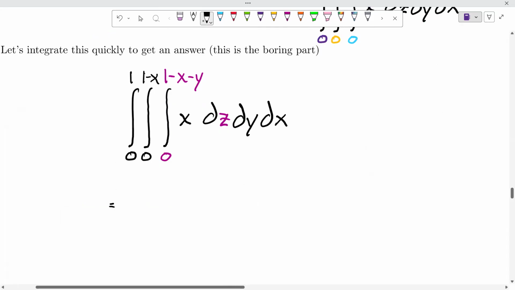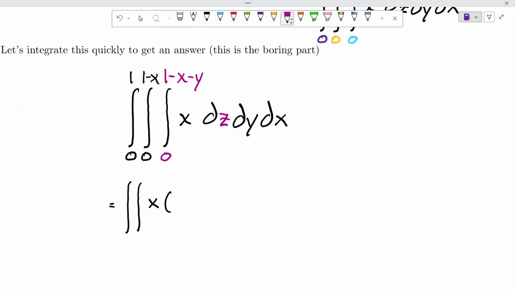So this thing looks like what is now going to be a double integral of x times (1 minus x minus y minus 0) dy dx. And then I can probably just distribute that x through this part, right?